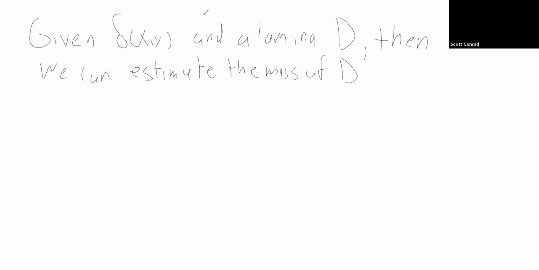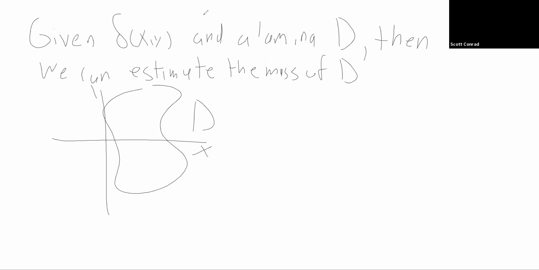So what we're going to do is what we always do. We're going to estimate it, and then we're going to take limits. And in the limit, we're going to get the actual mass. So suppose this is our region D. We know the density function.